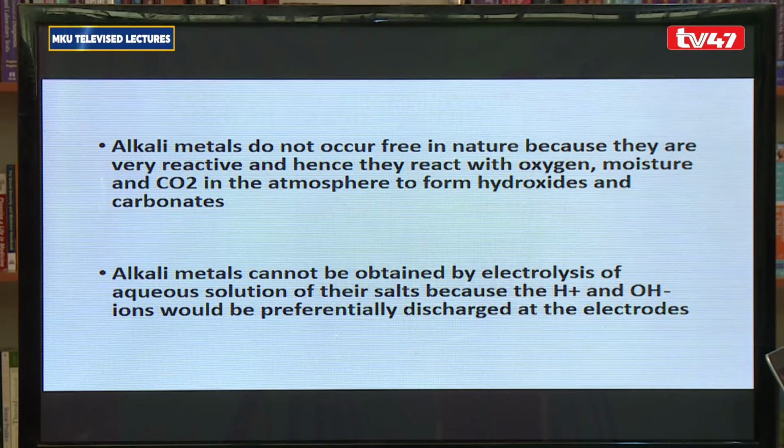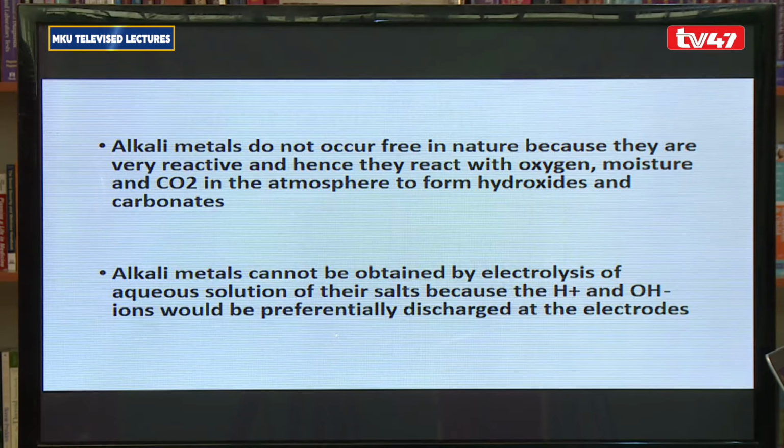The alkali metals do not occur free in nature. They are very, very reactive, and so you cannot find them free in nature. They always occur in combined state, because if, let's say, you place potassium on the table, it is going to react with oxygen to form oxide.